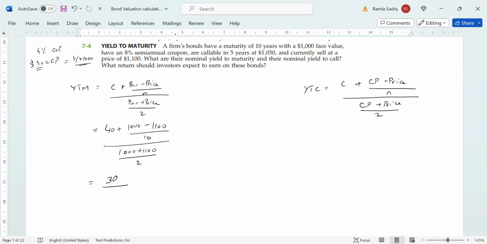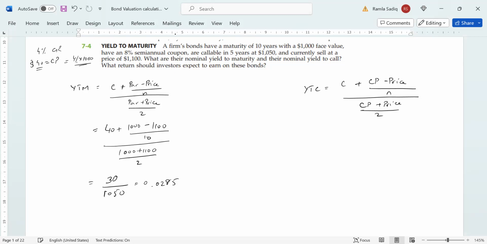is 1,050. So 30 divided by 1,050 will give us 0.0285. And remember that this is our effective yield to maturity.